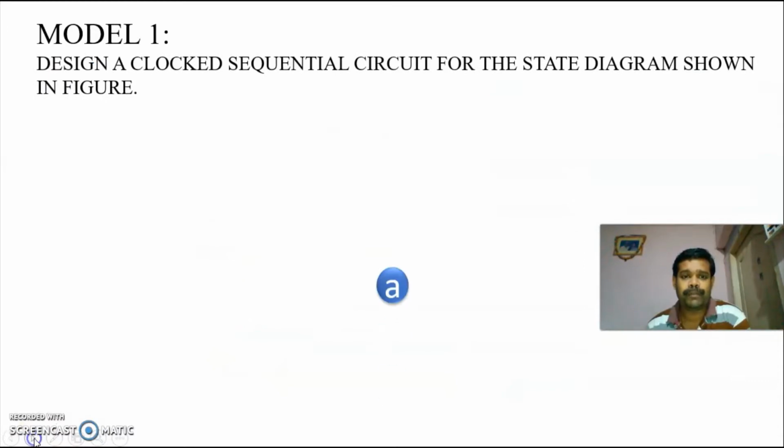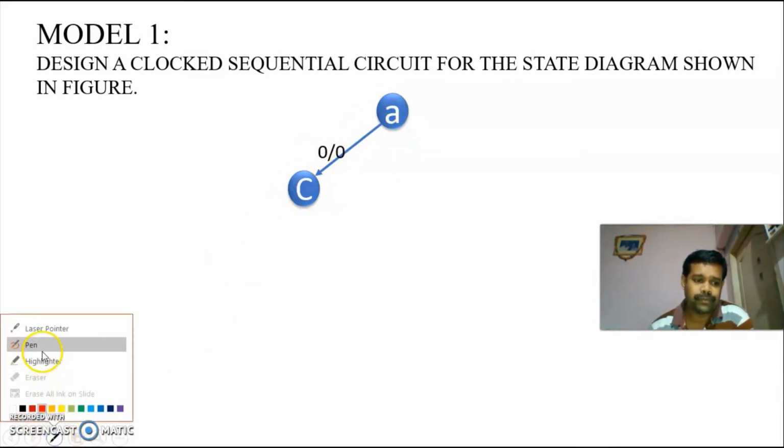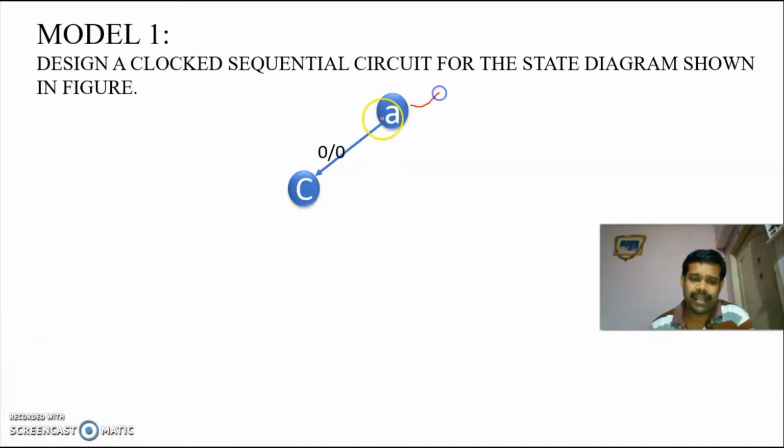Now we are considering state A. You are in state A. When you give the input 0, it goes to state C, and the output is 0.